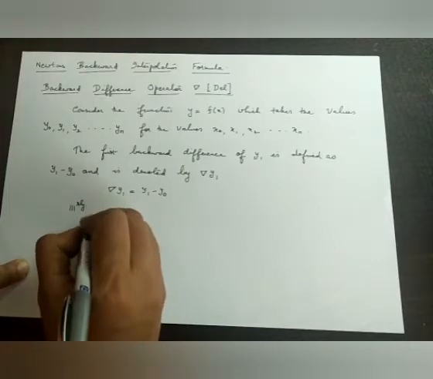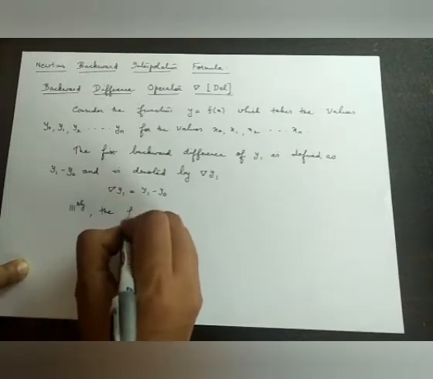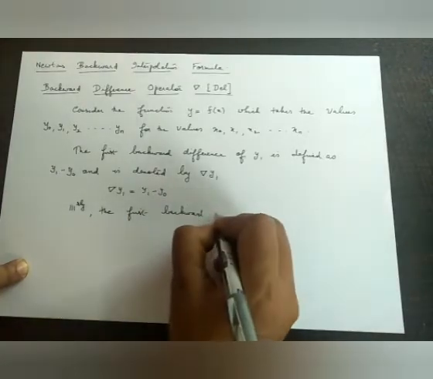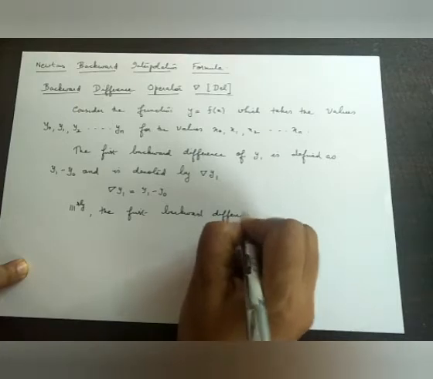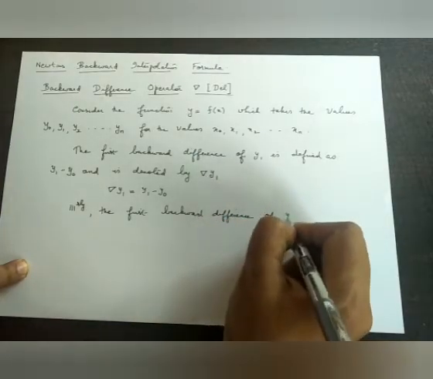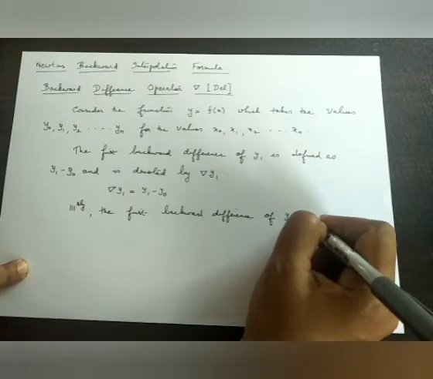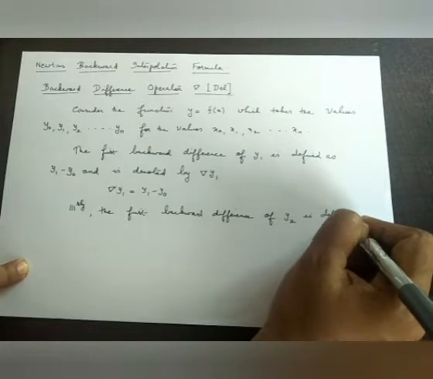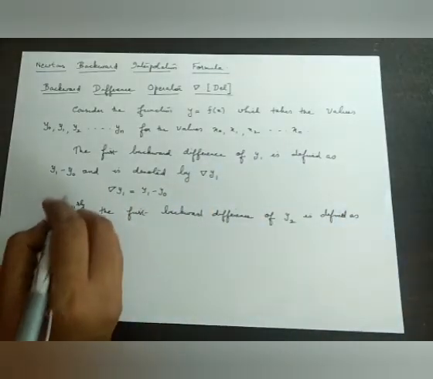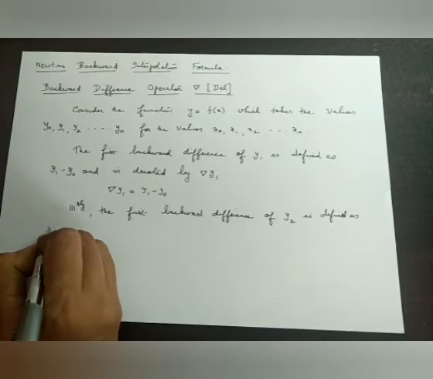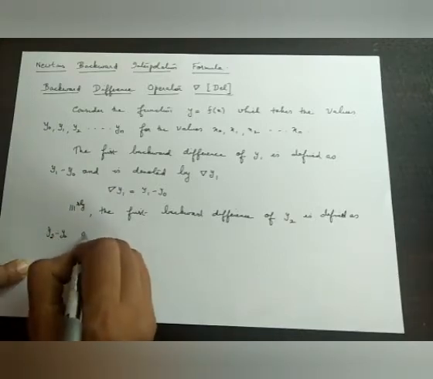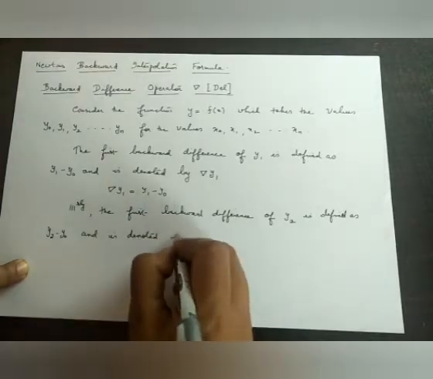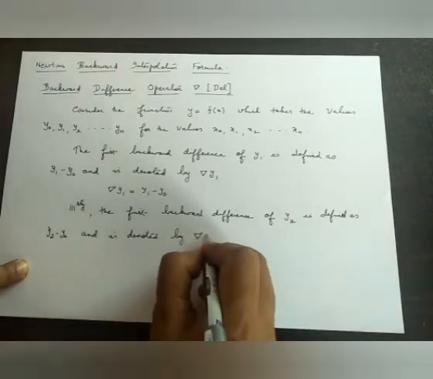Now similarly, the first backward difference of y2 is defined as y2 minus y1 and is denoted by del y2.